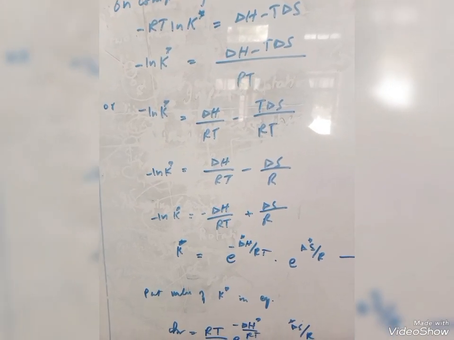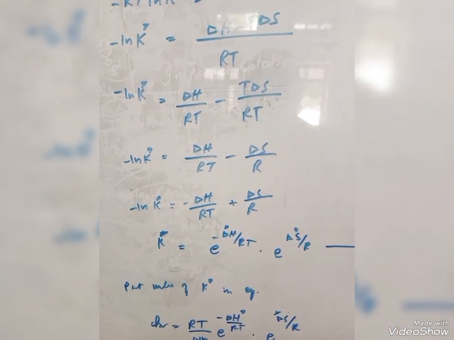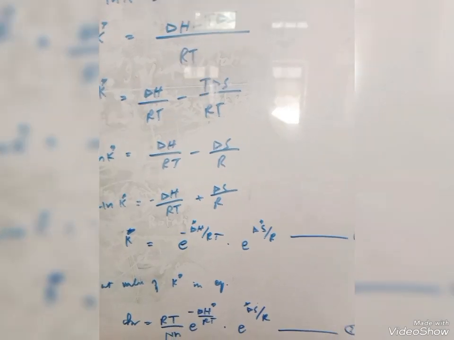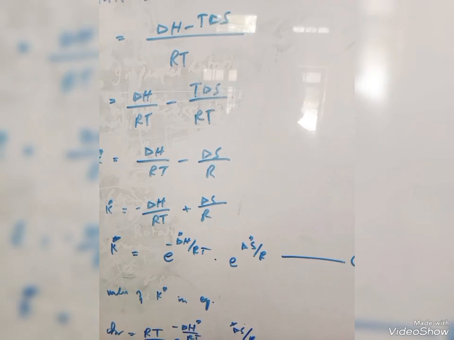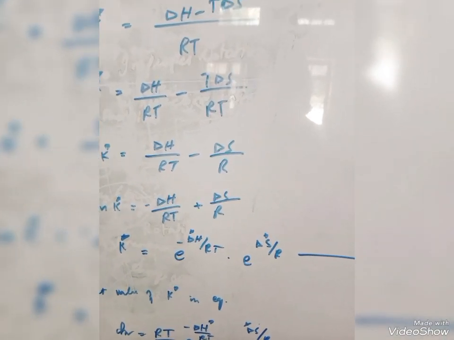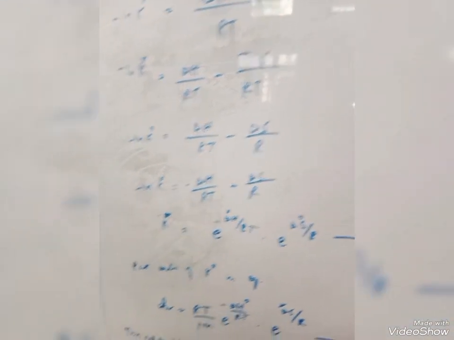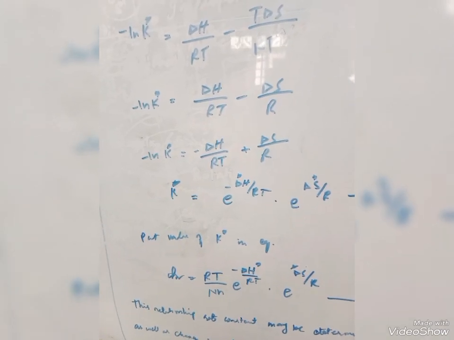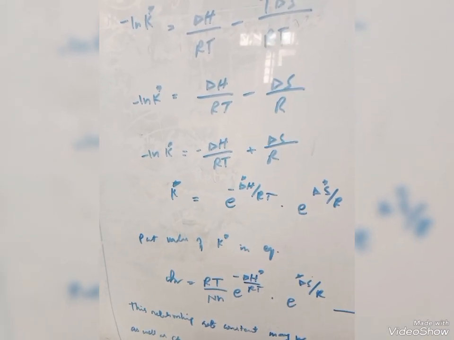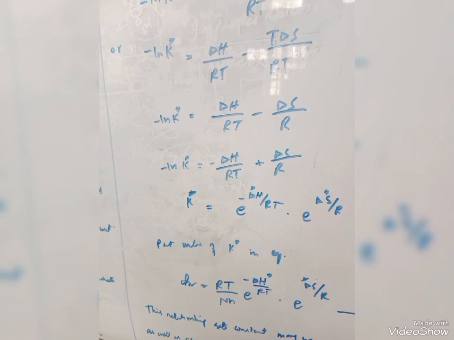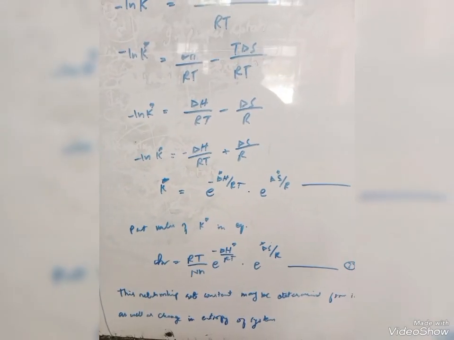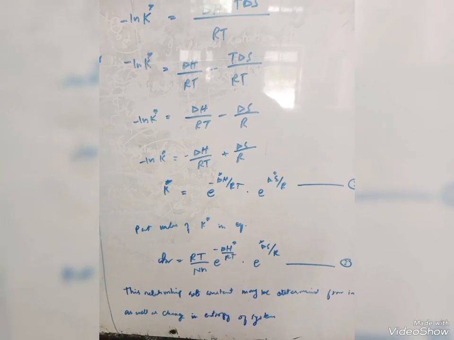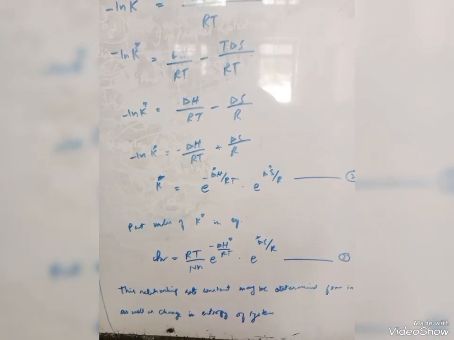The value of K star will be e to the power minus delta H divided by RT and e to the power delta S divided by R. So now put the value of K star in the above relationship, and the equation will turn into this form. From this relationship, the rate constant may be determined, and also the total heat content as well as the change in the entropy of the system can be explained.